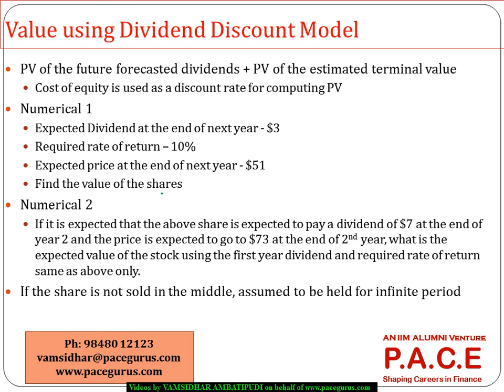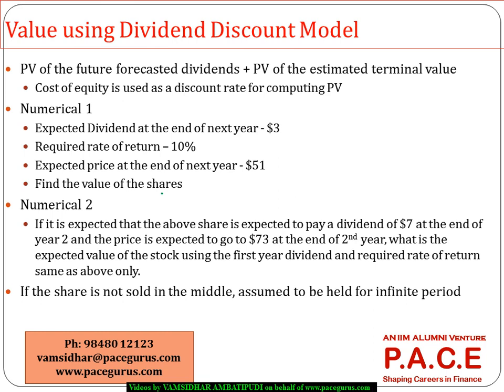Whenever I want to do a valuation, it is nothing but the present value of the future cash flows, right? Whatever may be the mechanism, present value of the future cash flows. So in this case, all we think of as future cash flow is the future dividend.